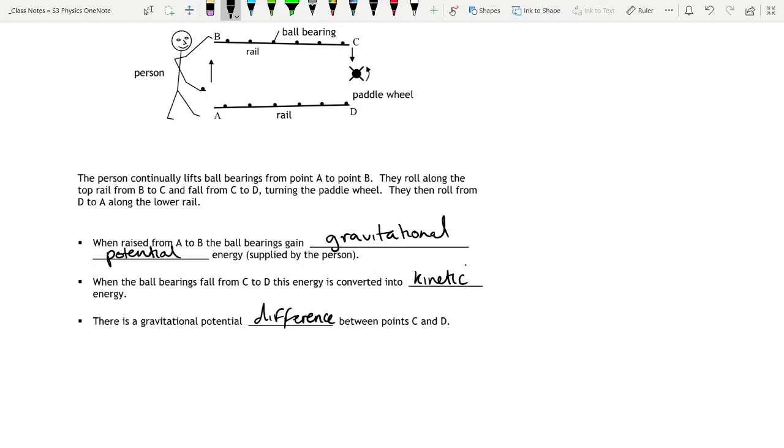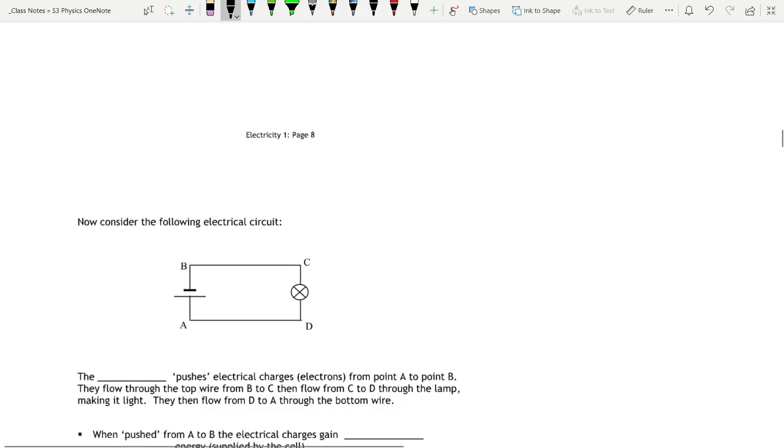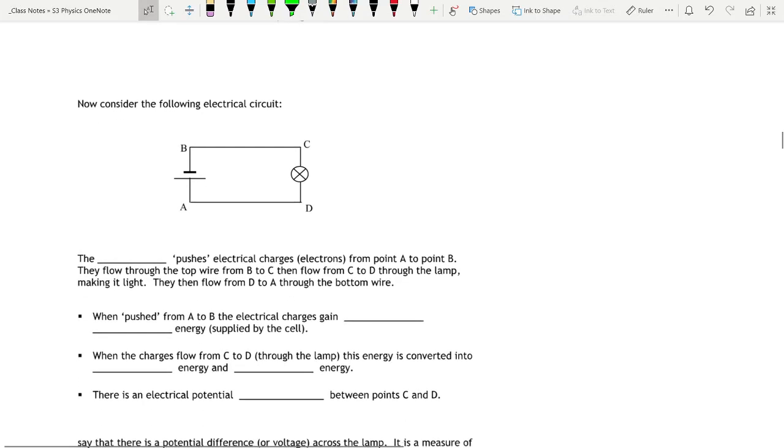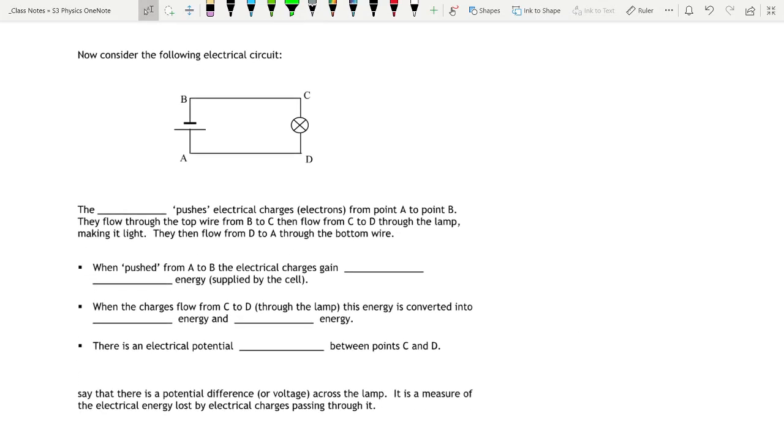Okay, so now we're going to look at a circuit and see the differences or the similarities between those. So now we've got an electrical circuit. We've got a cell, remember a cell is one of them, and if you have more than one, it's a battery, and a lamp, and we've got wires connecting them. So the cell pushes electrical charges from point A to B, just like the person was lifting ball bearings.